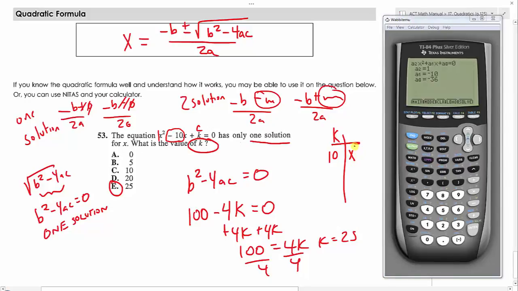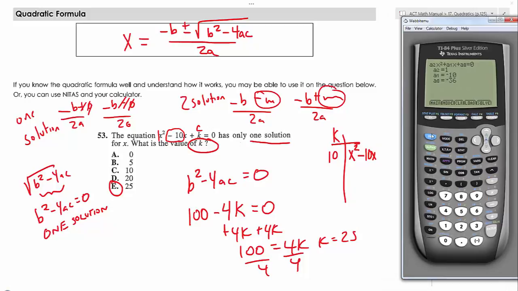So this would be x squared minus 10x plus 10. Okay, so x squared minus 10x plus 10. So that is what I'm going to put in here to the simultaneous equation solver.